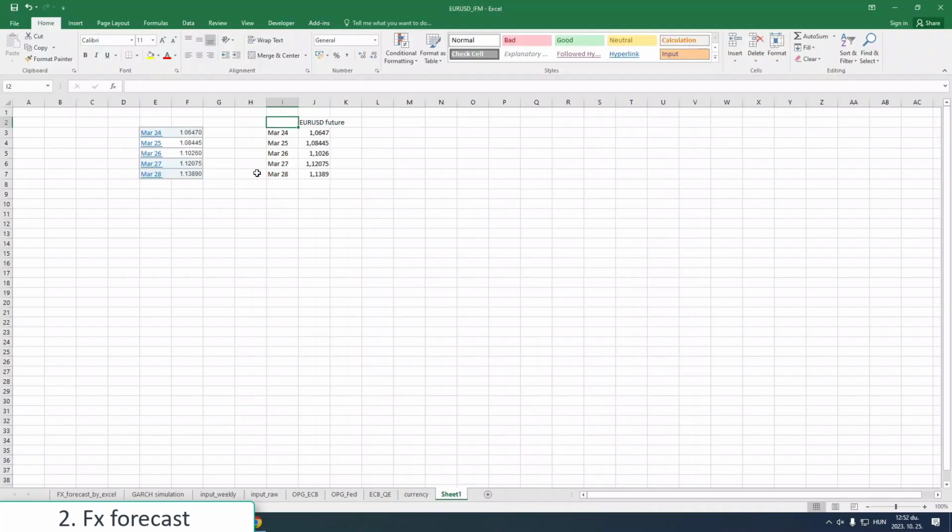And this is the expiration date of the contract.